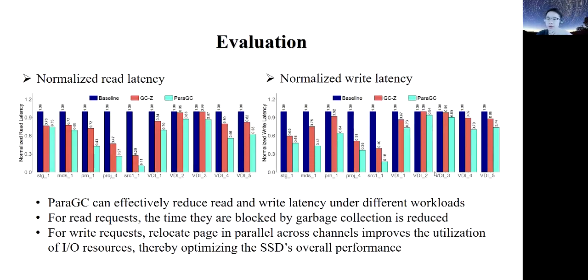As a comparison, parallelism carefully arranges the data relocation based on the read load of the channel, such that the interference is greatly alleviated. So for read requests, the time they are blocked by garbage collection is reduced, and for write requests, relocating pages in parallel across channels improves the utilization of our resources, thereby optimizing the overall performance.